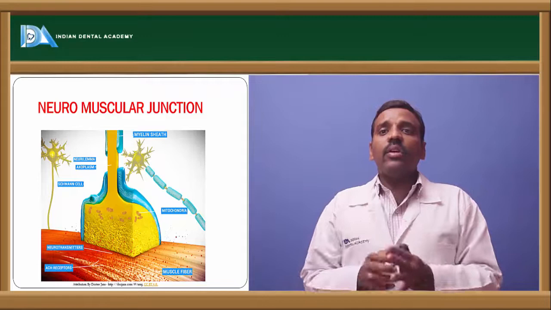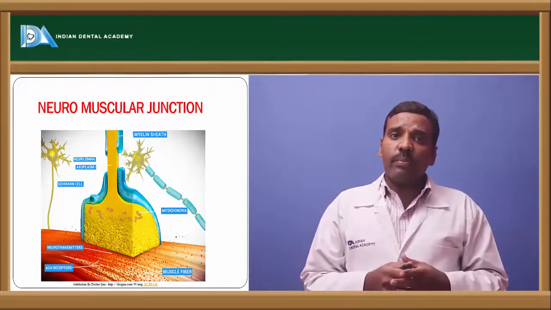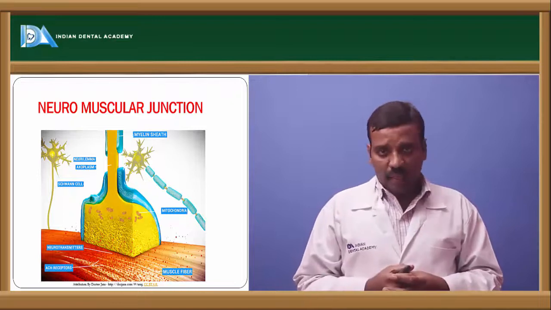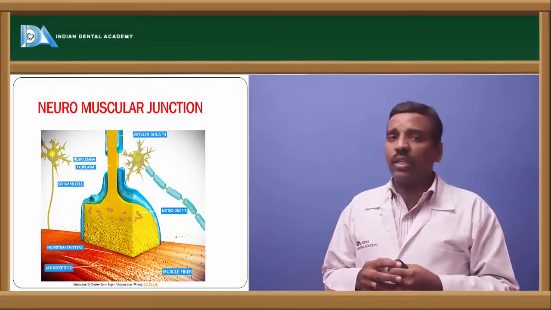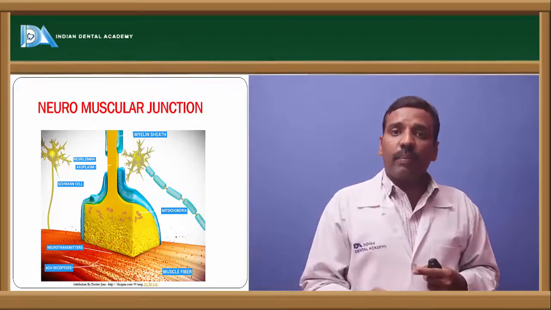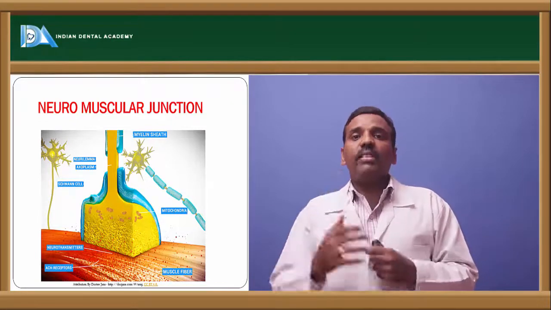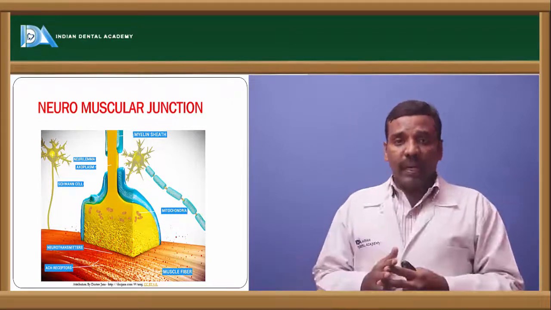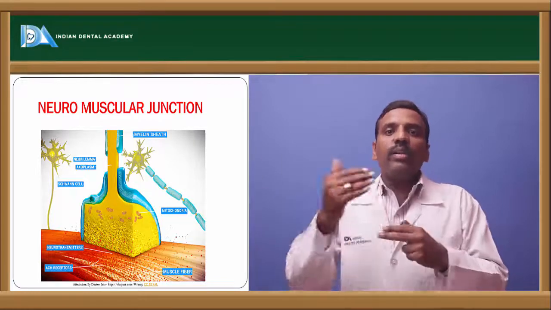This neuromuscular junction is of two types: one is the chemical type and the other is the electrical type. If you see the parts of this neuromuscular junction, there is the presynaptic membrane, the postsynaptic membrane, and the synaptic cleft. The presynaptic membrane is nothing but the nerve fiber. It is before the junction.